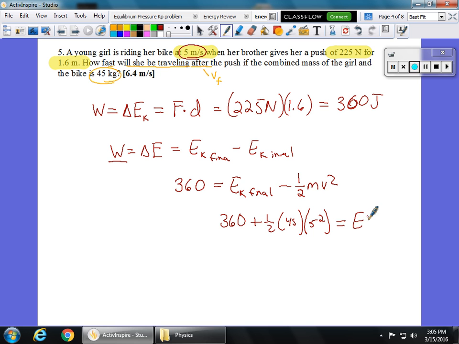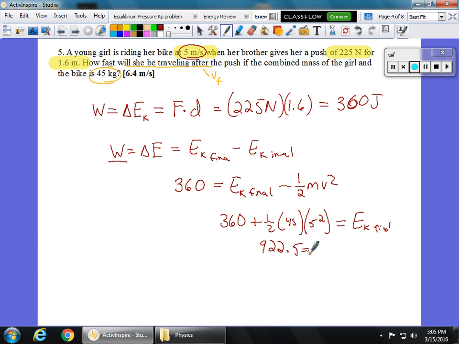And that will give us our final kinetic energy of the girl. So if we do the math here, I think her initial kinetic energy is 562.5 is what we get here. We add those together and get 922.5 for her kinetic energy final.